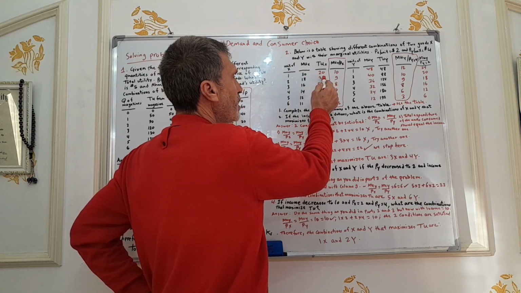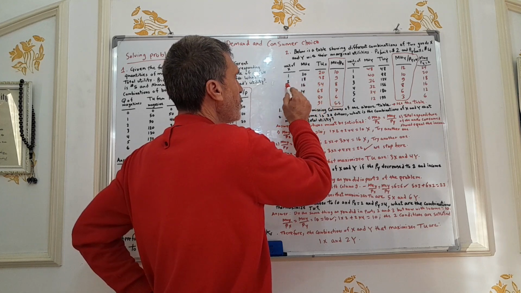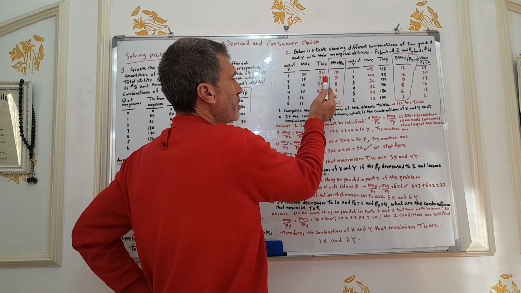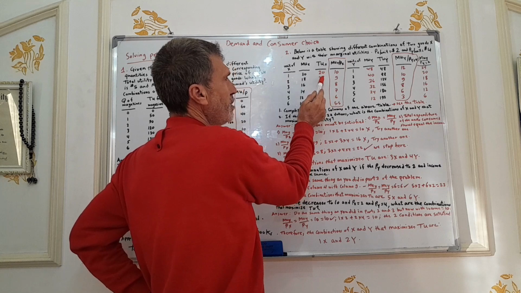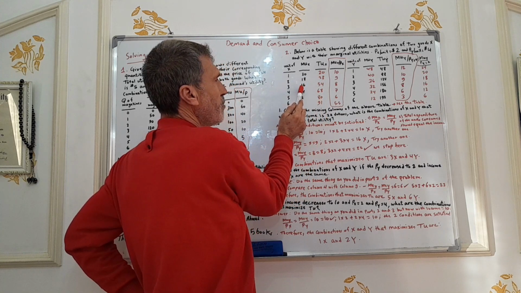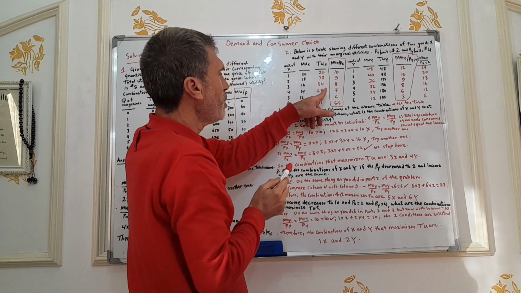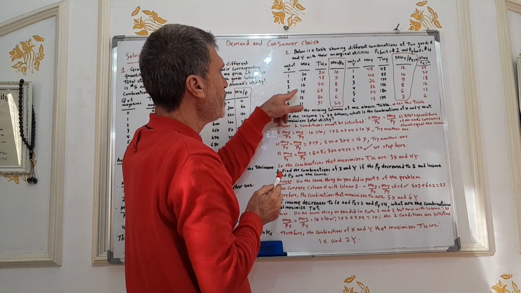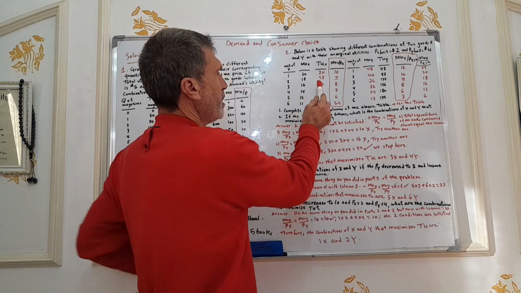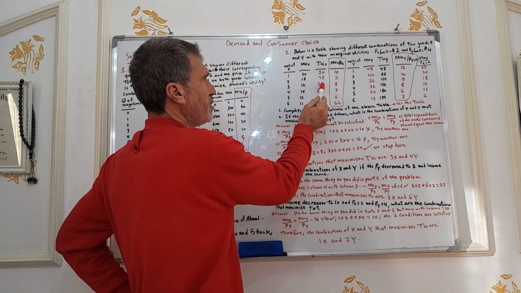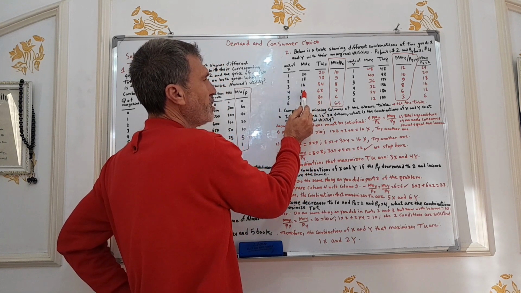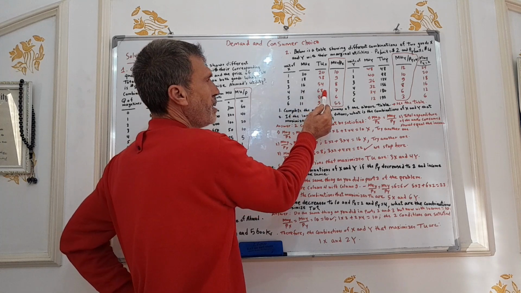Now the total utility for the third unit: we take 38 plus 16, the marginal utility here, and come up with 54. The total utility for the fourth unit is that 54 we calculated for the third unit, plus 14, and we come up with 68.